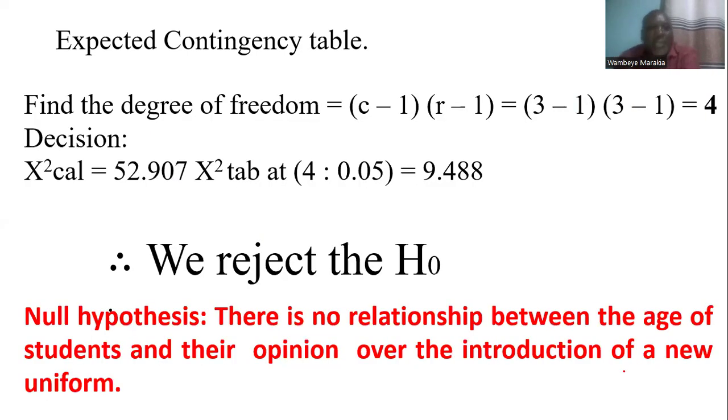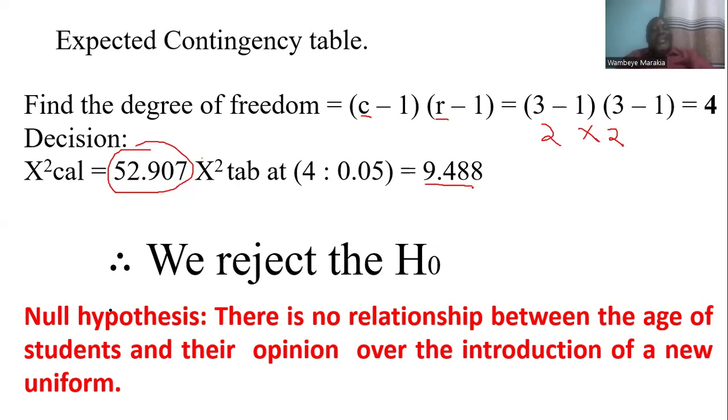Then you have to get the degree of freedom. We have 3 columns and 3 rows, so this gives you 2 times 2, and you get 4. Then your calculated chi-square is 52.907, and the one you get from the table is 9.488.